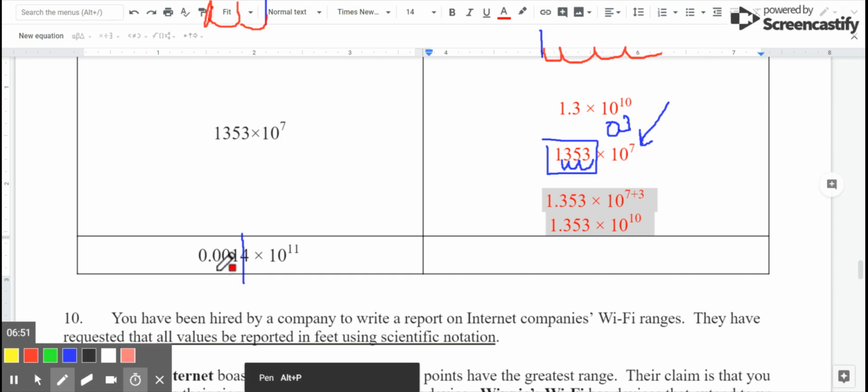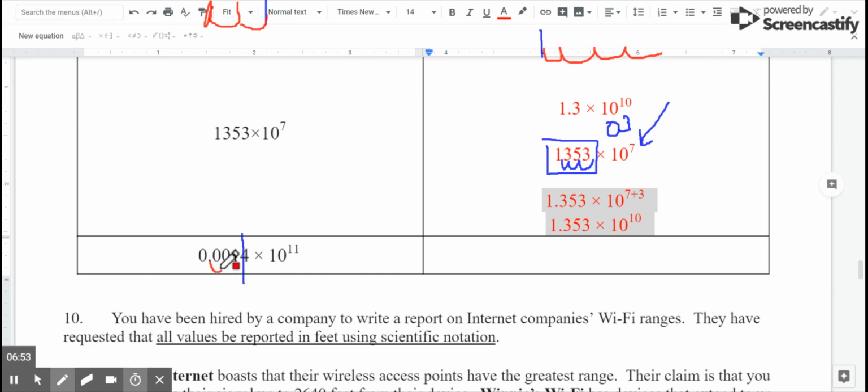So to move it there, what I'm doing is I'm taking the decimal and I'm moving it 1, 2, 3 spots to the right. So I moved it 3 spots and I made it bigger, right? Because it started out as 0.0014 and 1.4 is bigger than 0.0014.